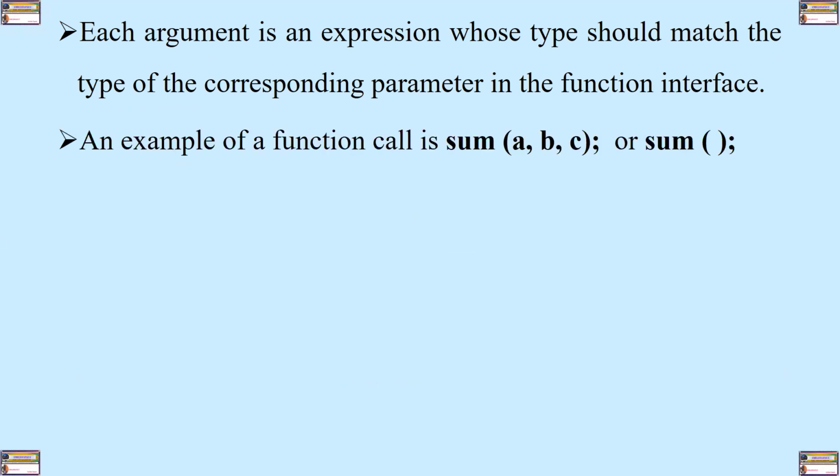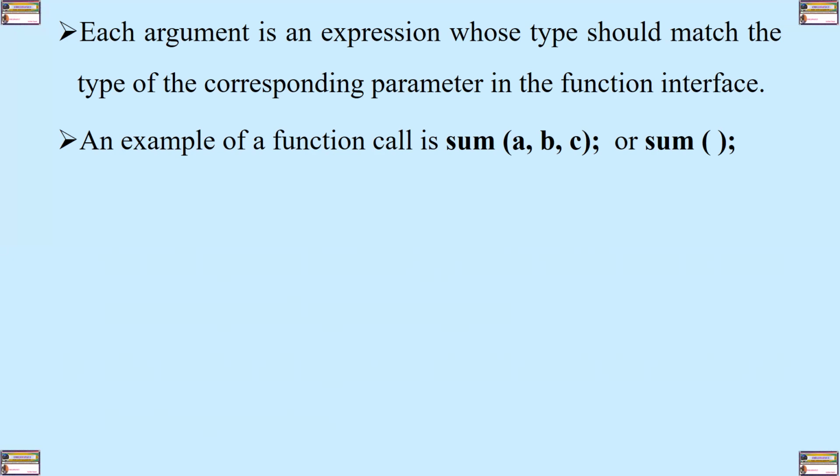An example of a function call is sum, passing to sum three values: the value found in memory location A, the value found in memory location B, and the value in memory location C. Now, my dear students and the rest of the learners, this is the statement that will be found in the main function.